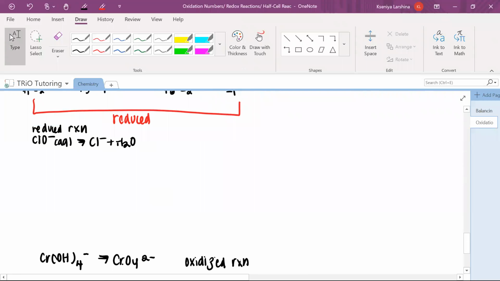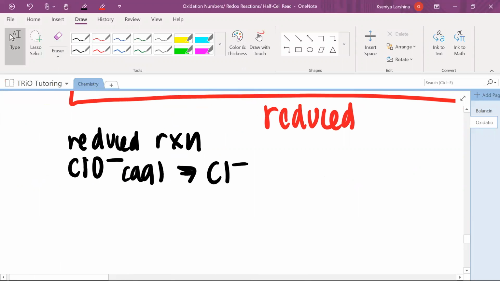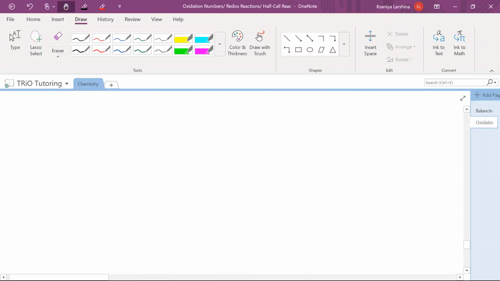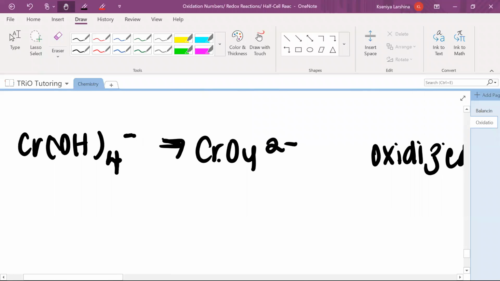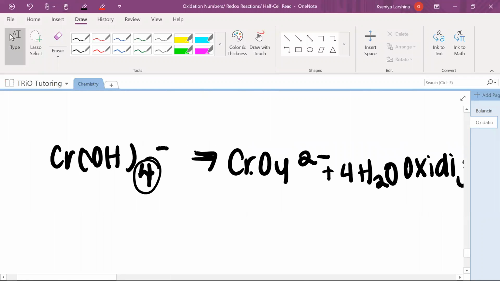So you would add water to balance out the amount of oxygens you have, and on this side we have 1 oxygen. So add 1 H2O. Here do the same. So here we have 4 oxygens. Don't forget your subscripts. So we add 4 waters. Balance that out.